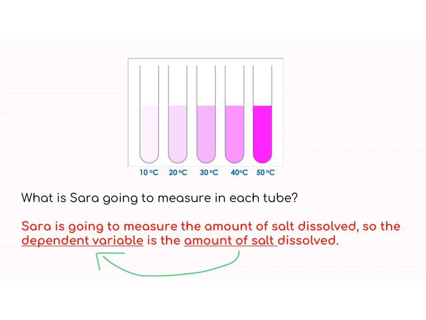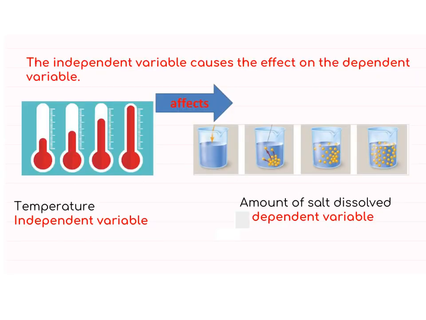Why? Because what we measure in a given experiment is called the dependent variable. And in this case, Sarah was measuring the amount of salt dissolved in each given test tube set on different temperature. So briefly, the independent variable causes the effect on the dependent variable.